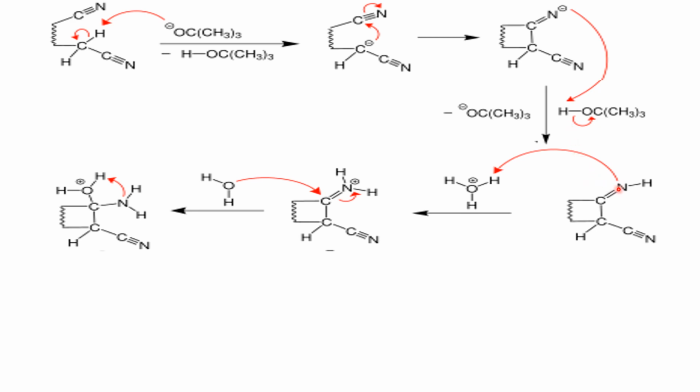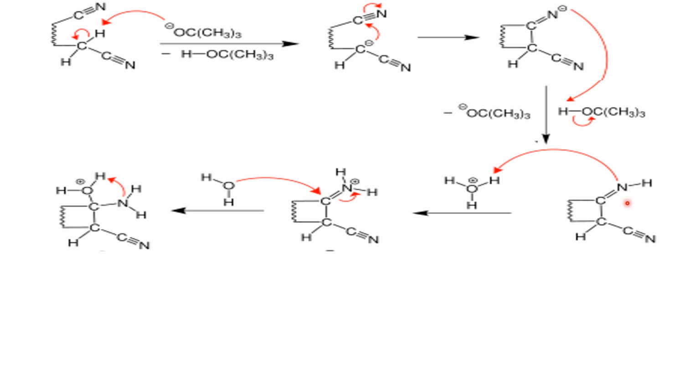So that we are getting NH. So this C triple bond N becomes C double bond NH. This nitrogen is having a lone pair of electrons.